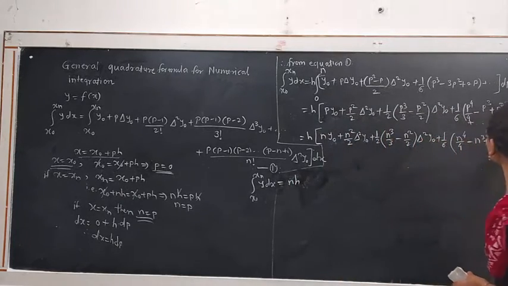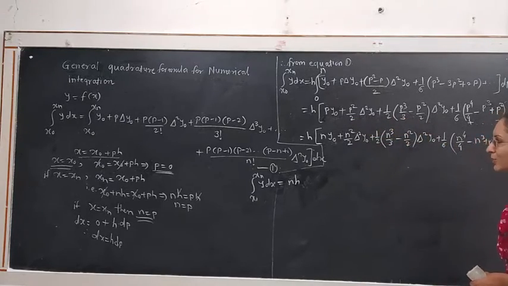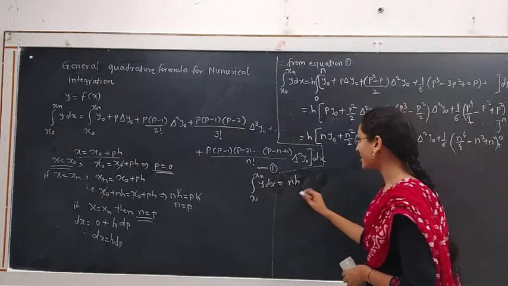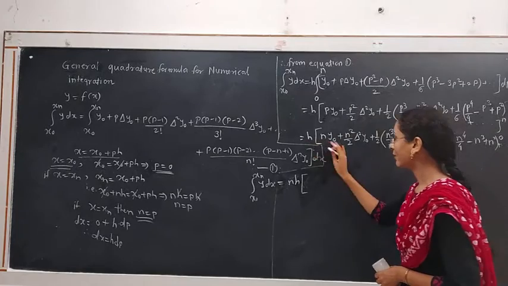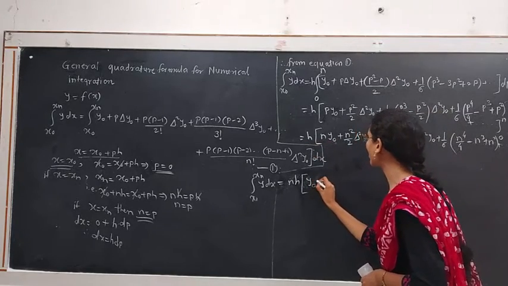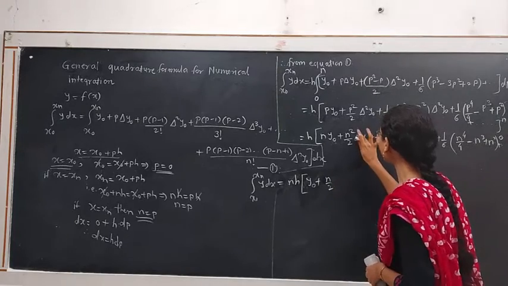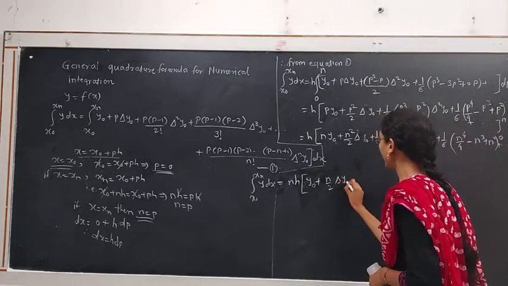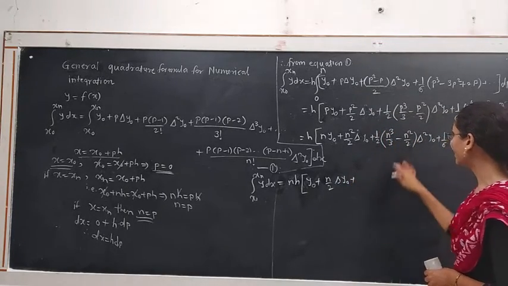Because the lower limit is 0, after substitution of lower limit, each term will tend to 0. Hence the integration from x0 to xn y dx is equal to nh in bracket. N is taken common, the term is only y0, the second term is plus n upon 2 into del y0, plus the term, n is taken common.